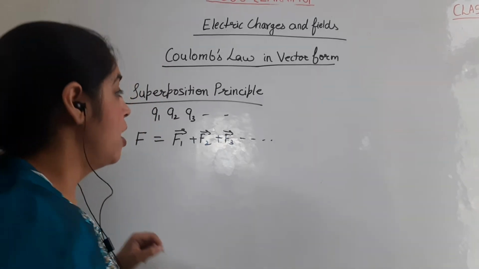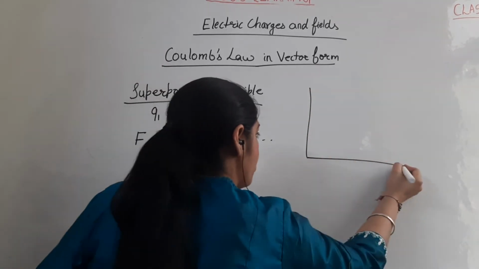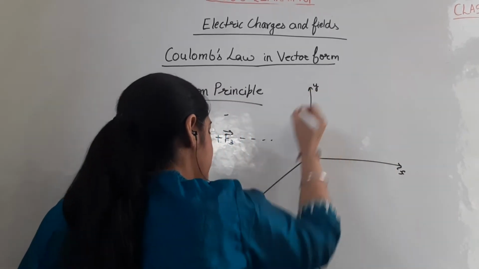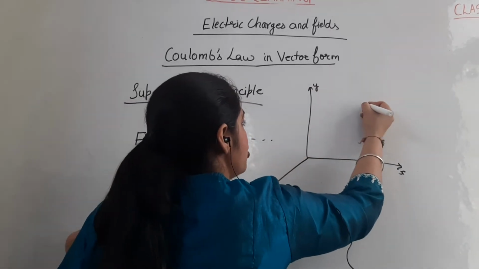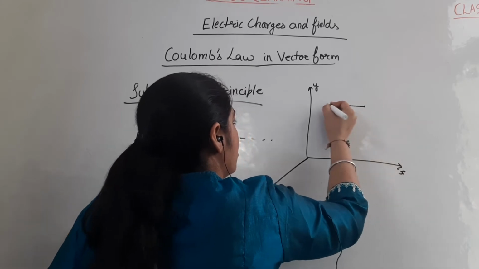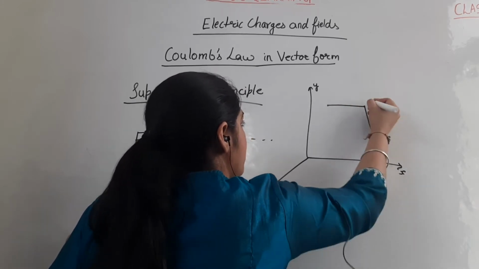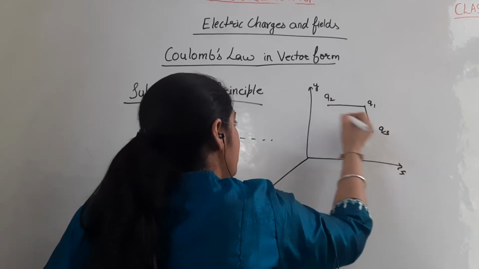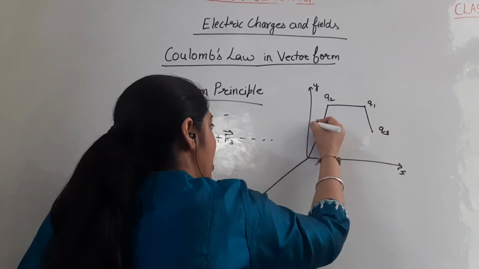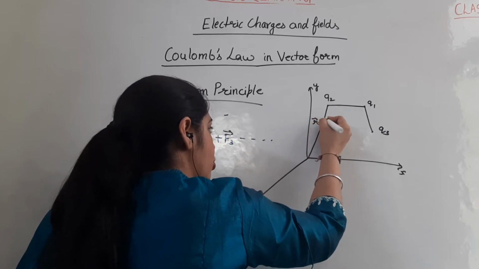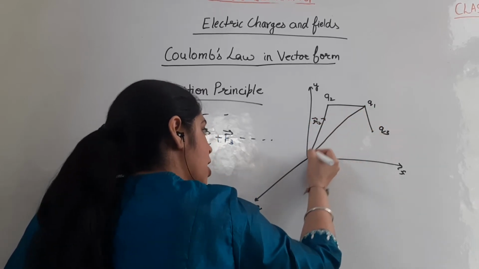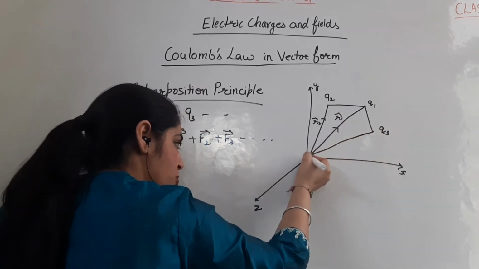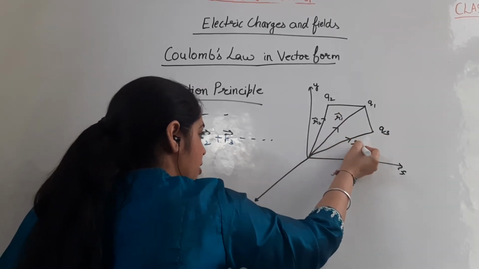Sure. Let's now draw once again the position coordinates x, y and z. Once again we will mark the charges: this is Q1, that's Q2, that's Q3. Q2's position vector is R2, Q1's position vector is R1, and for Q3 the position vector is R3.